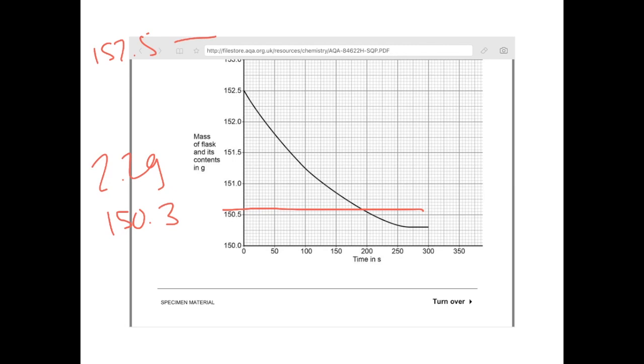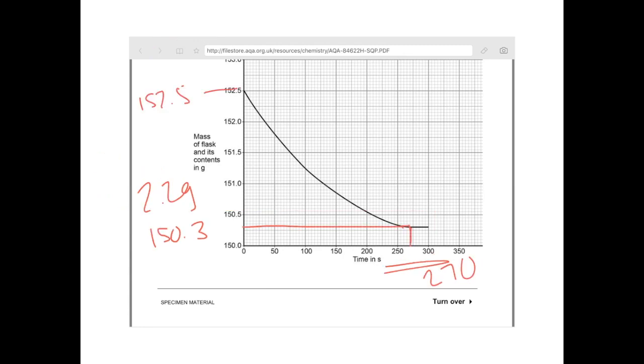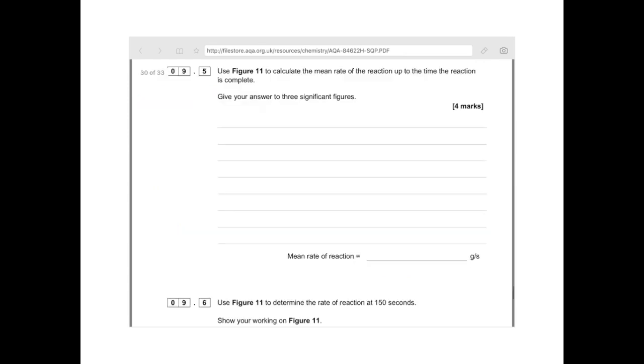That's where you have to look along this axis in order to see where the reaction actually stopped, which was at 270, so when it evened out at the first point. So that's 270 seconds, so then you do 2.2 divided by 270, and that gives you an answer which is 0.00815.